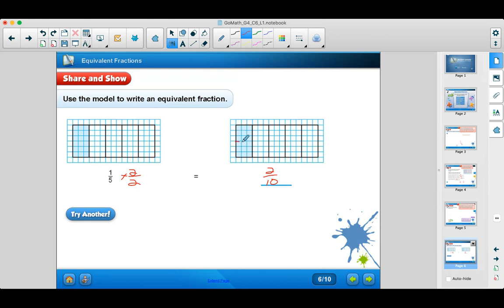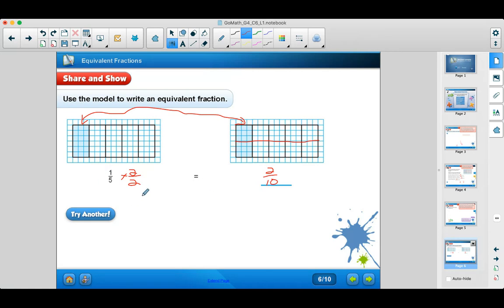I'm going to just take this in half. Now I have 1, 2, 3, 4, 5, 6, 7, 8, 9, 10. 10 is my denominator. It's in 10 equal parts. 2 of it is shaded in. Is that the same amount that's shaded in here? Yes, it is. So they are equivalent.